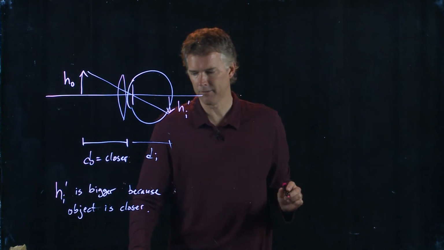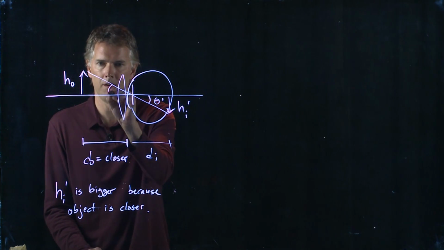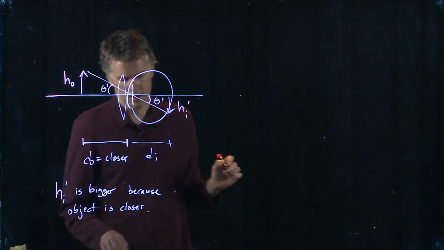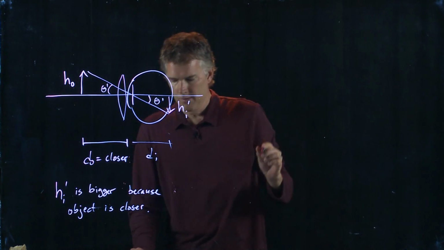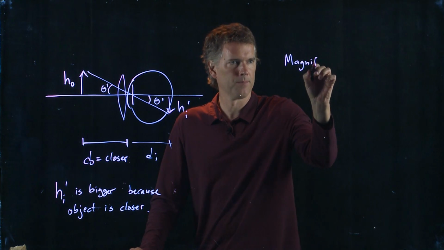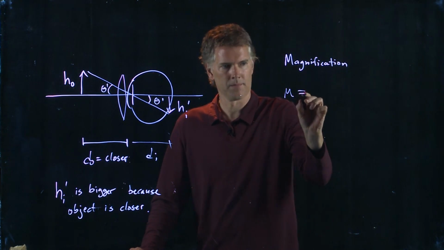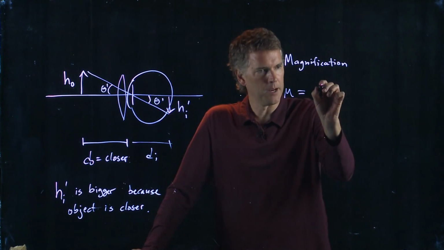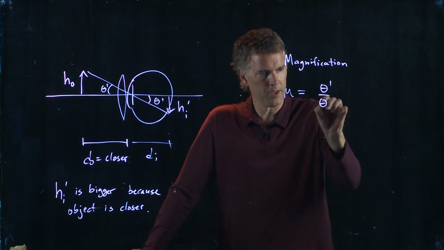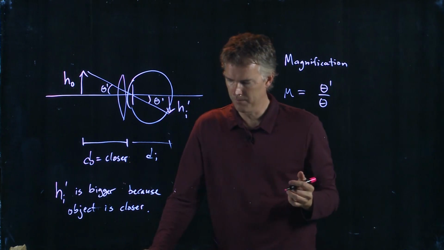Okay, so what's the magnification? Well, if we call this theta prime now, then we have the following. The magnification, M, is theta prime over theta. What is our new angle compared to our old angle?